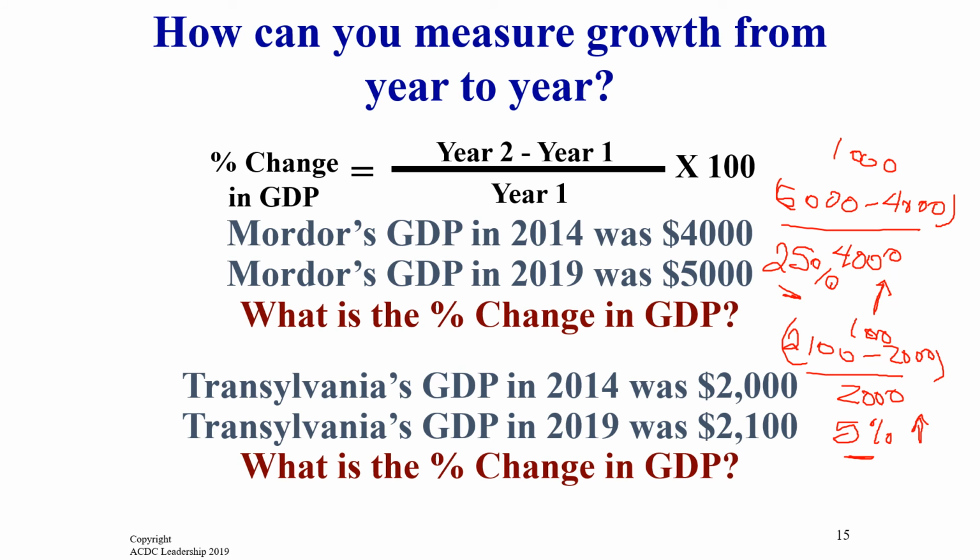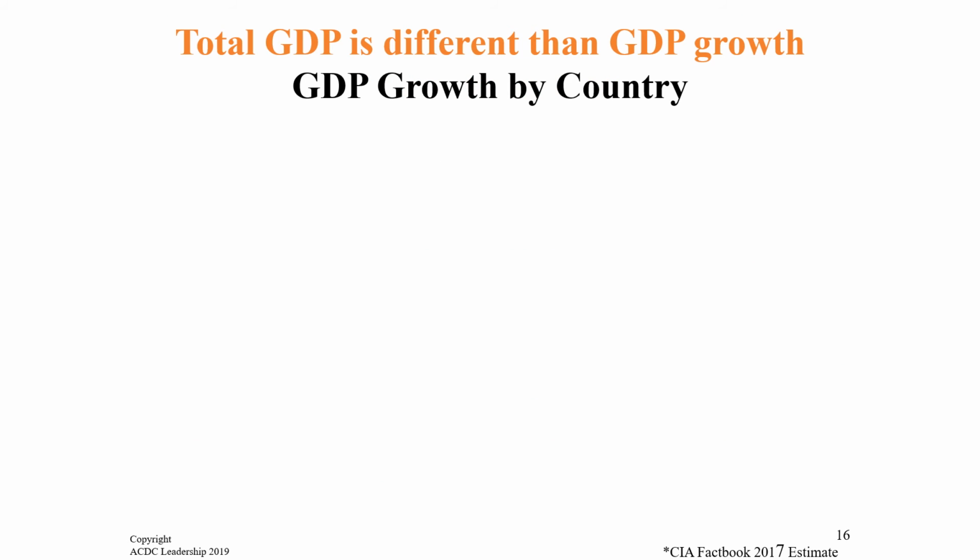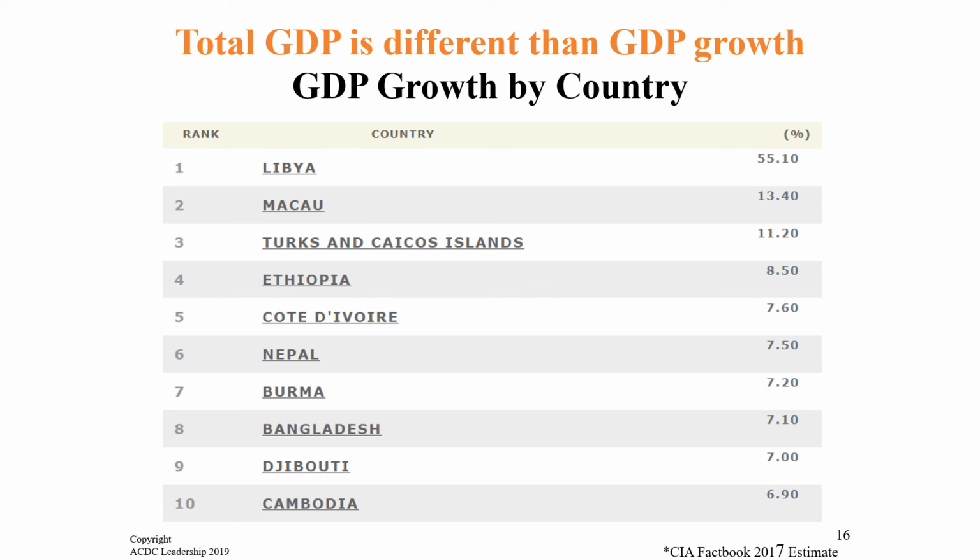What's the percentage change in GDP? Was 5%. Okay, total GDP is different than GDP growth. So let's take a look. This is GDP growth by country, and look at Libya. That's huge, huge, huge, right? Like I said, something catastrophic must have happened here.